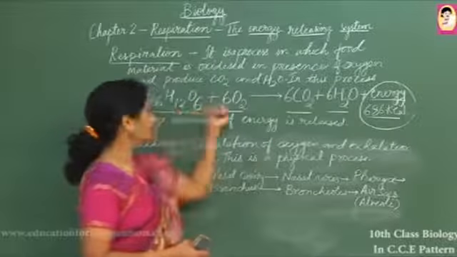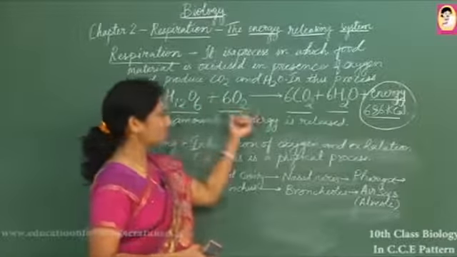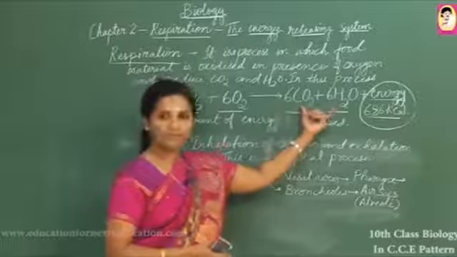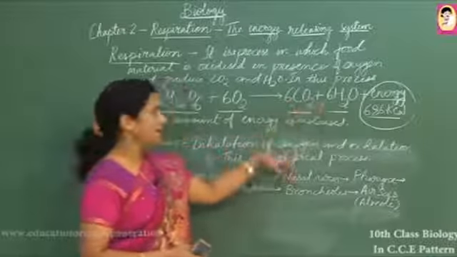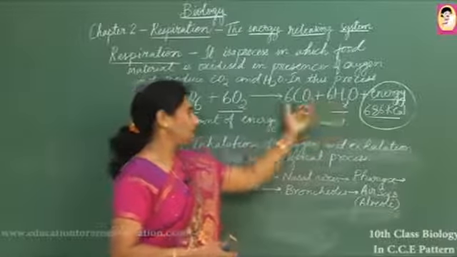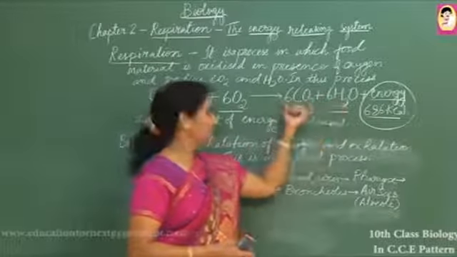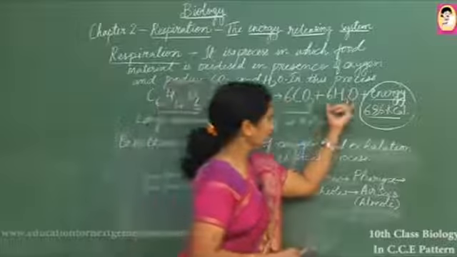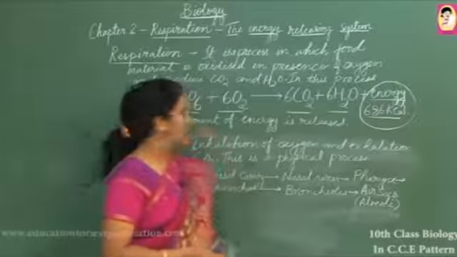When the nutrients and oxygen reach each cell, oxidation of food material takes place in the cytoplasm of the cell and mitochondria. After complete oxidation, carbon dioxide and water are formed.